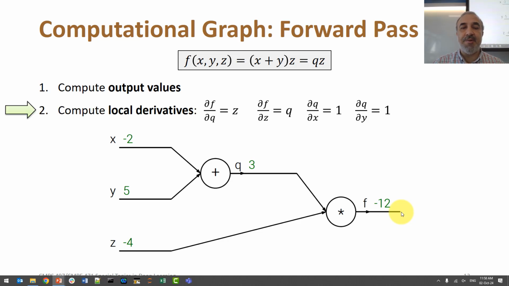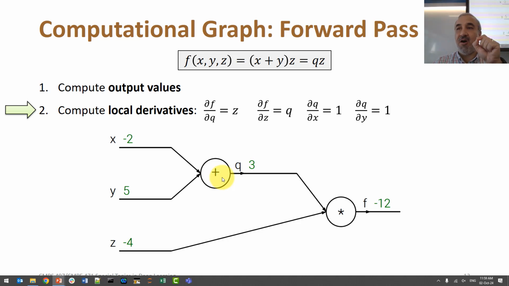Then in the second step, we will compute what we call the local derivatives. What do you mean by the local derivatives? First, each operation like this, we call it a gate. Now, at each gate, in that second step, we will compute the local derivative.